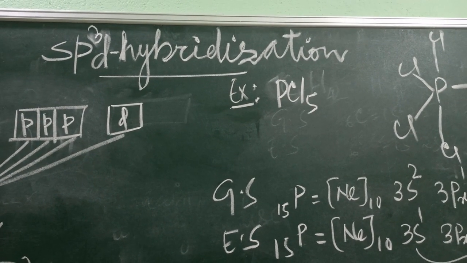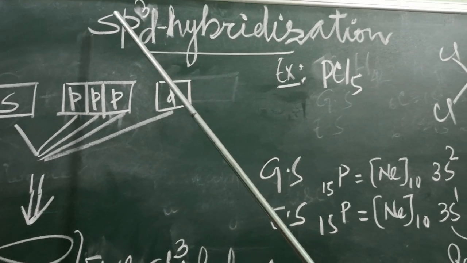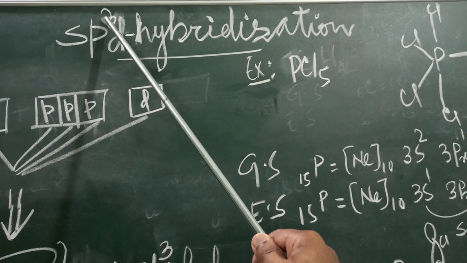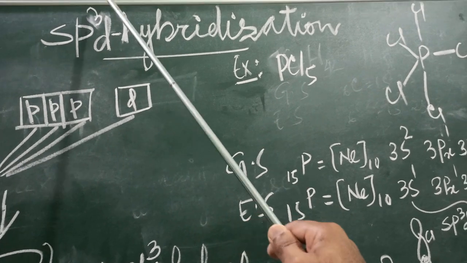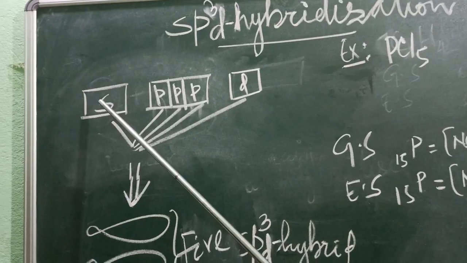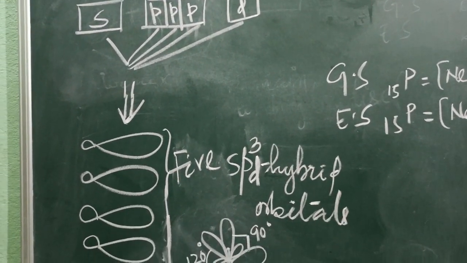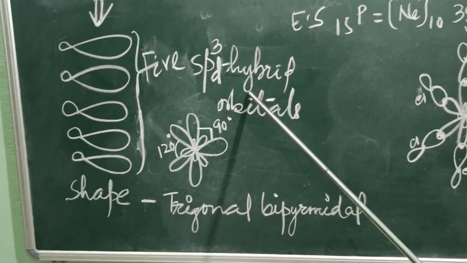In sp3d hybridization, you see how many orbitals, 1s, 3p and 1d orbitals, in total 5 orbitals are getting intermixed to give 5 sp3d hybrid orbitals.